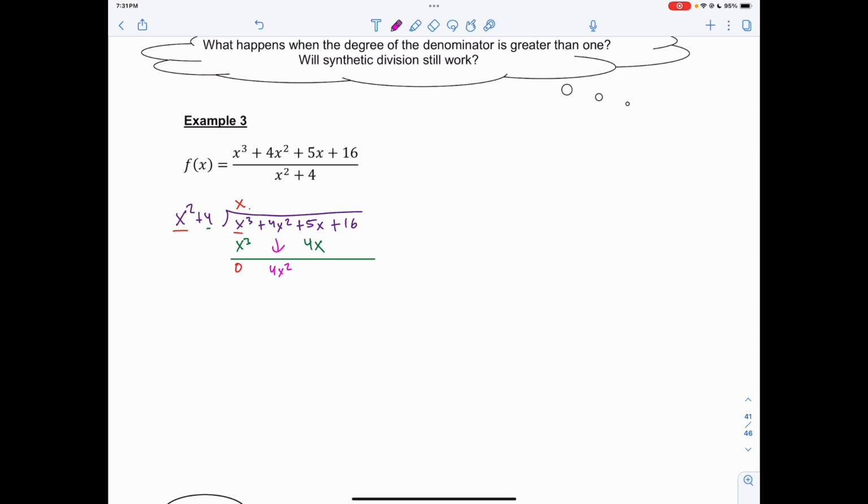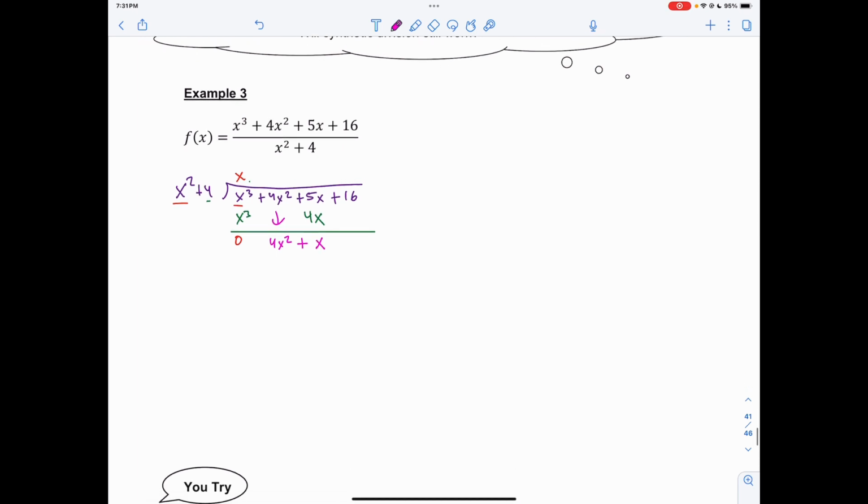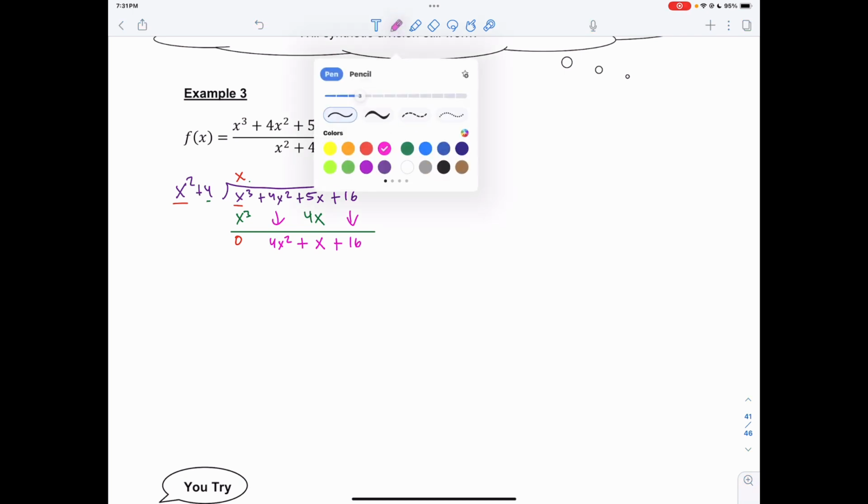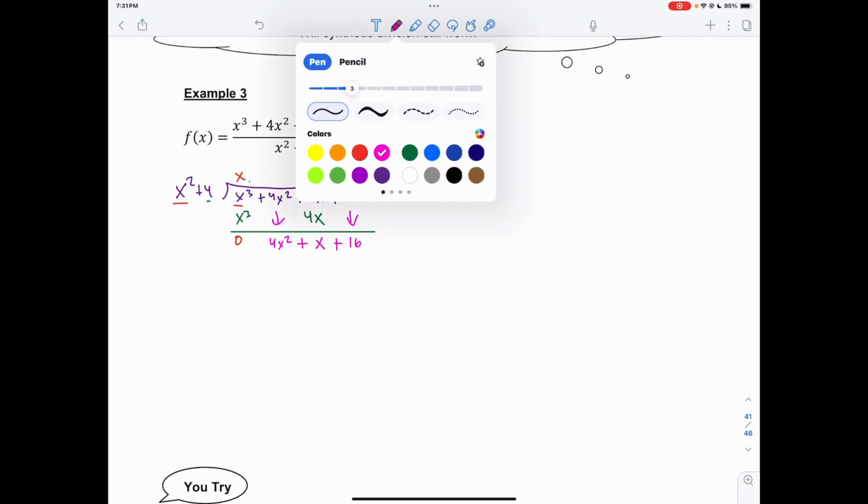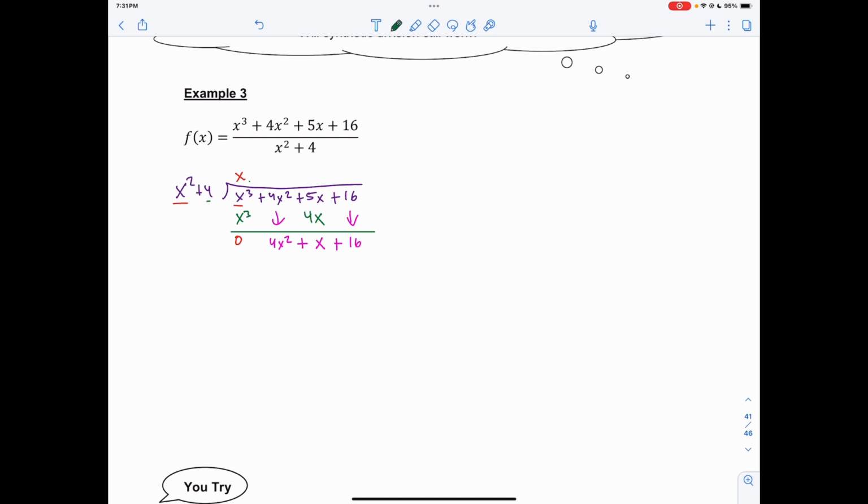When I take the 5x and take away 4x, then I'm left with a singular x. And when I carry the 16 down, it's still going to give me plus 16. Now I need to make the next set match. So I'm going to see what can make the x squared match with the 4x squareds.